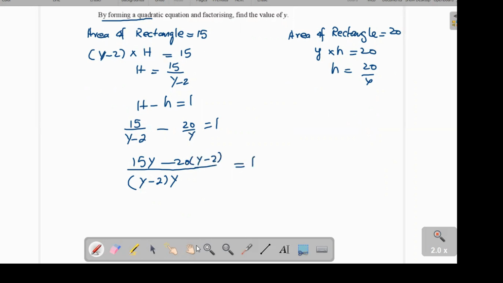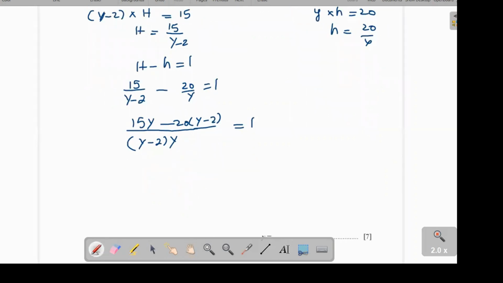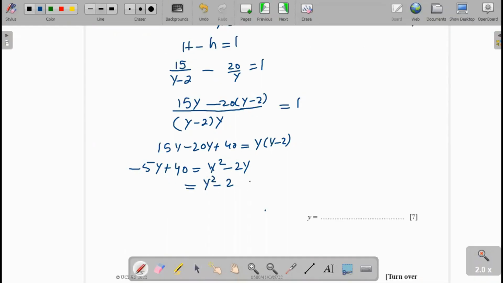That is minus 5y plus 40 equals y squared minus 2y. So y squared minus 2y plus 5y minus 40 equals 0. Therefore y squared plus 3y minus 40 equals 0.